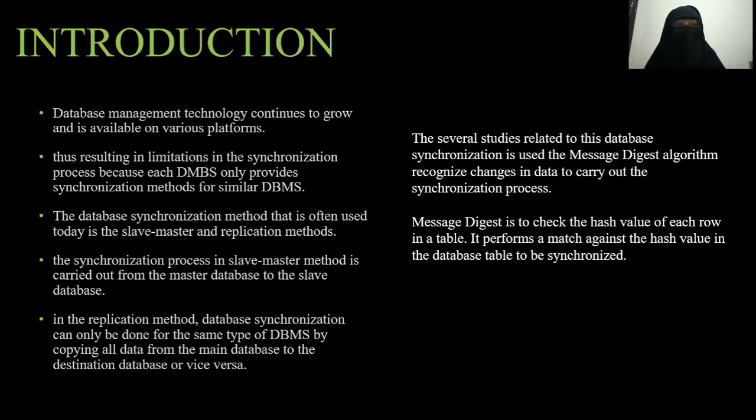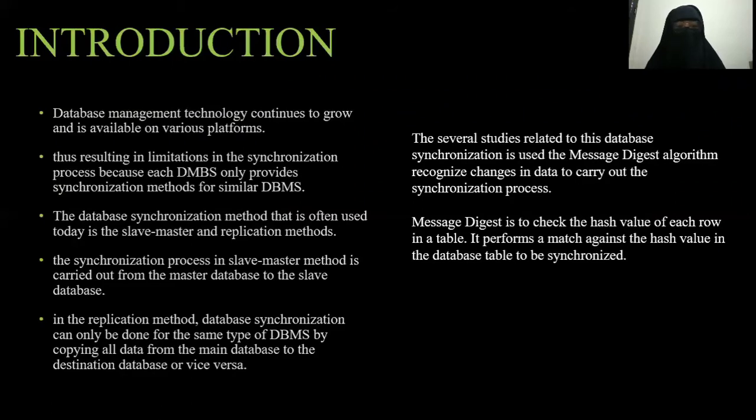The database synchronization method that is often used today is the slave master and replication method. The synchronization process in slave master is carried out from the master database to the slave database.